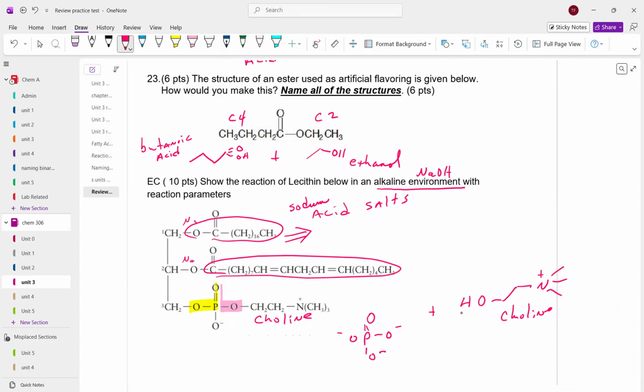And then we're going to have the glycerol backbone. And it's extra credit. And the last time I gave this test, no one got that. That's why it's extra credit. So yeah, I think that's the end.